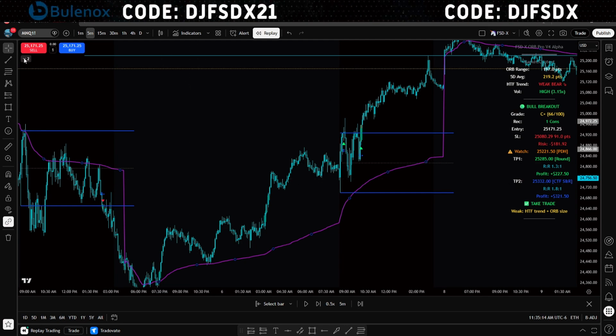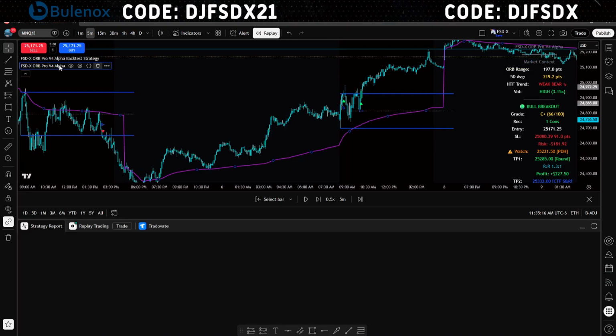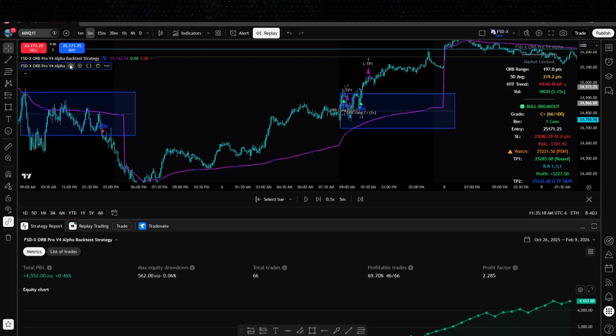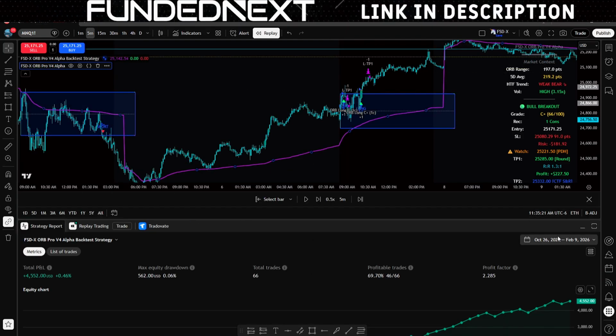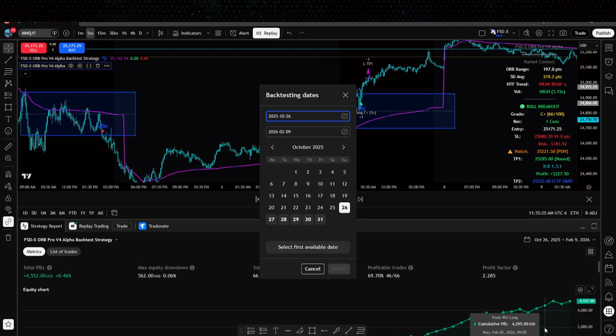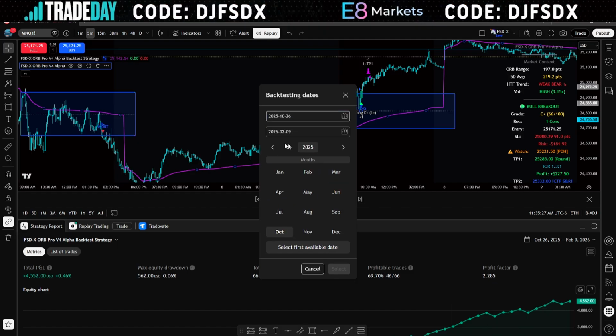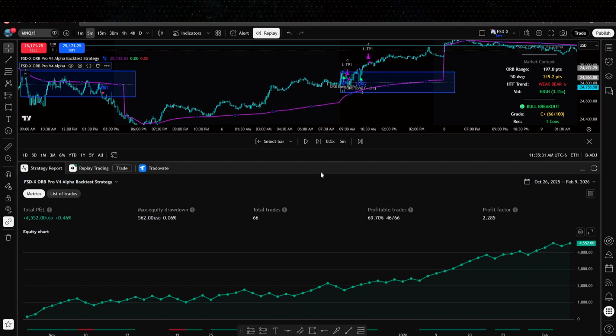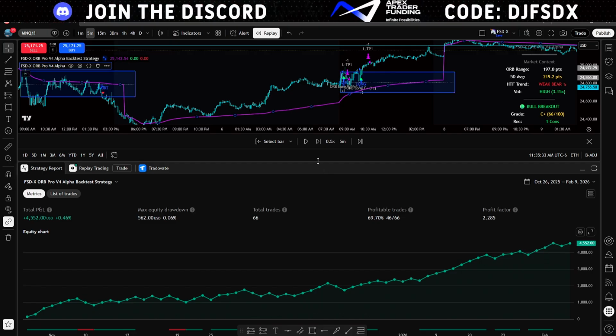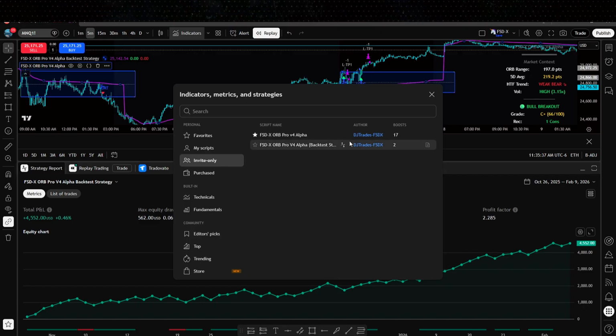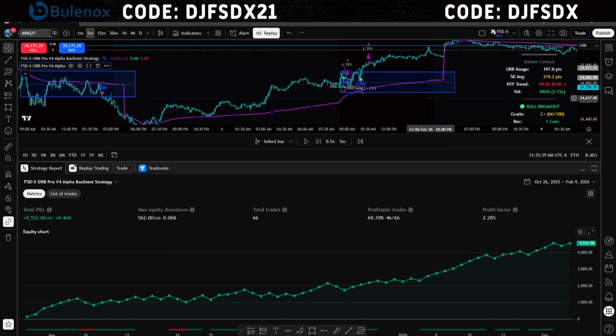Let me load up the backtesting so I can show you that real quick. So when you go to your indicators, you get the backtest. Everything should be default.